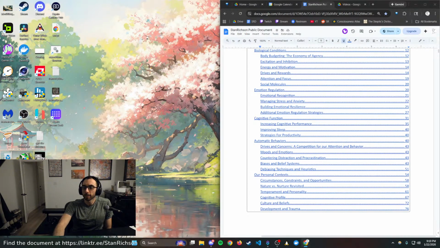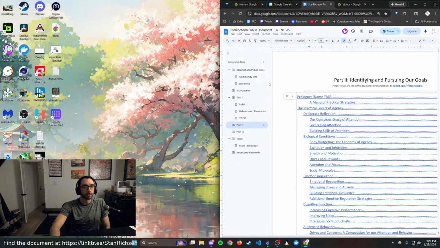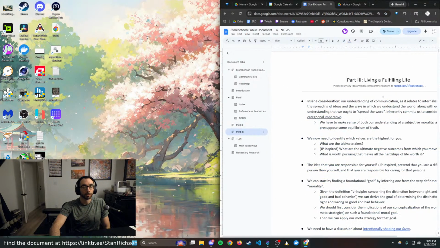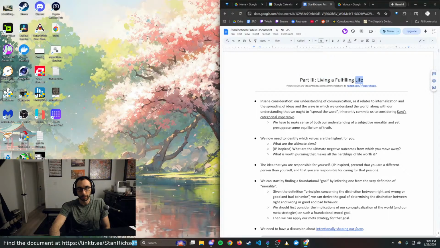"Isn't the goal in life simply to maximize utility, assuming we are rational?" Kind of. Yeah, I wouldn't say, let's not assert that there's just a single goal in life. In part 3, when we're talking about living a fulfilling life, we're going to start out by considering what that might mean, and really it's going to be individual.